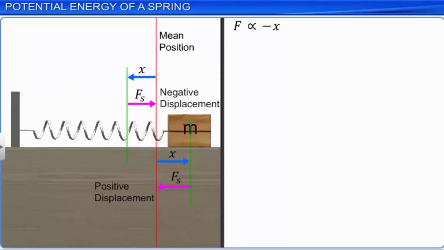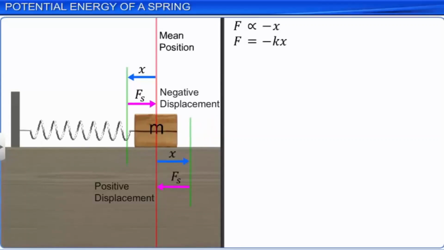Or spring force F is equal to minus kx, where k is the spring constant. Let this be equation 1. Equation 1, F is equal to minus kx, represents the force law for the spring known as Hooke's law.